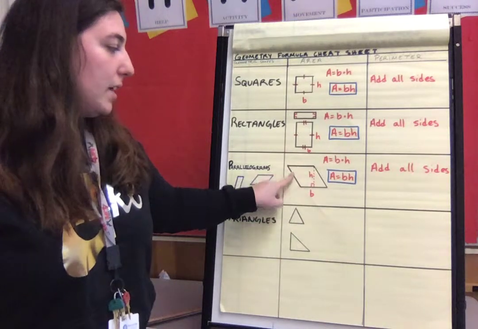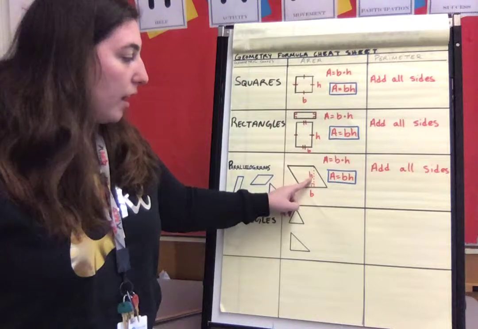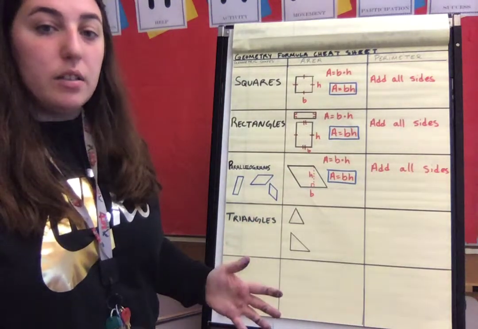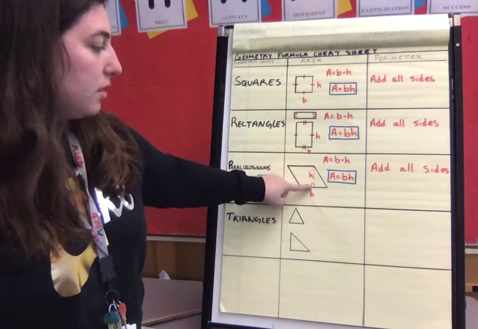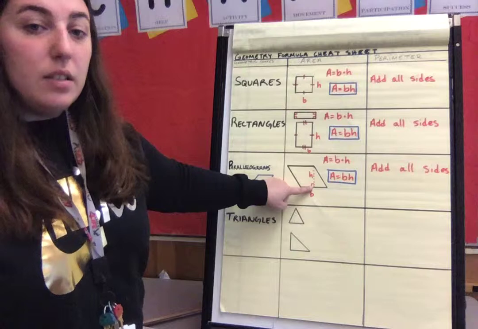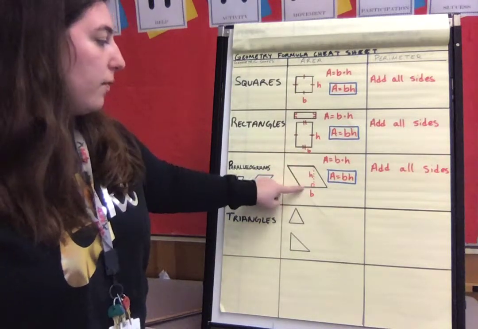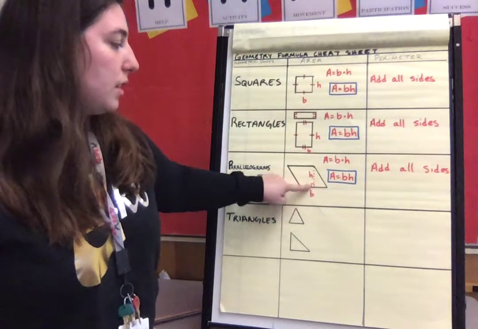These slanted sides are not the height. You're usually going to have a dotted line somewhere in the parallelogram saying that is your height. So this dotted line here from one base to the next base shows our height. To find the area of this parallelogram, we multiply the base times the height.